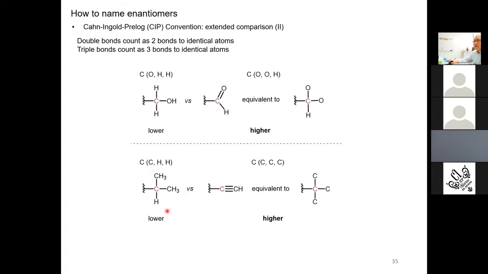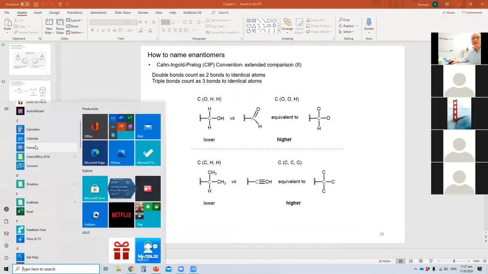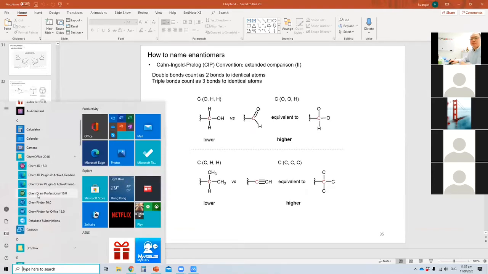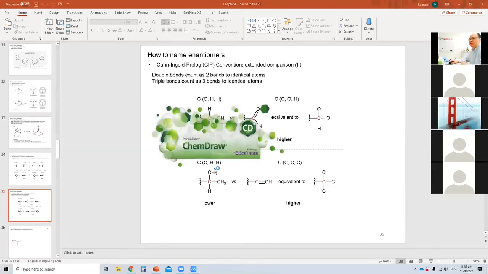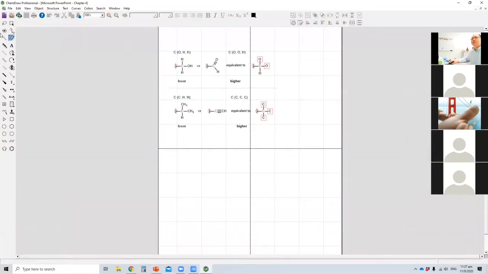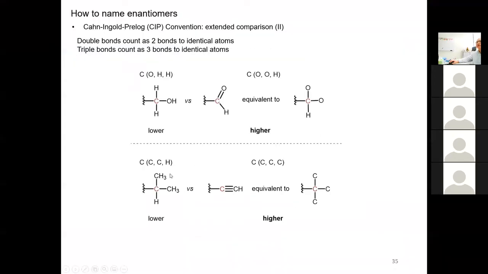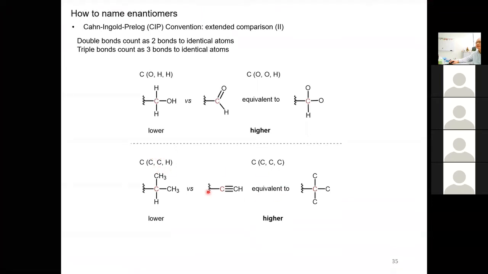Now, what if you have a triple bond? We already said this isopropyl group has 2 carbons, right? Oh, this is a typo. I need to correct this. So the isopropyl group has 2 carbons, so the original carbon should be connected to C, C, H. So the original one has C, C, H. But how about the triple bond?